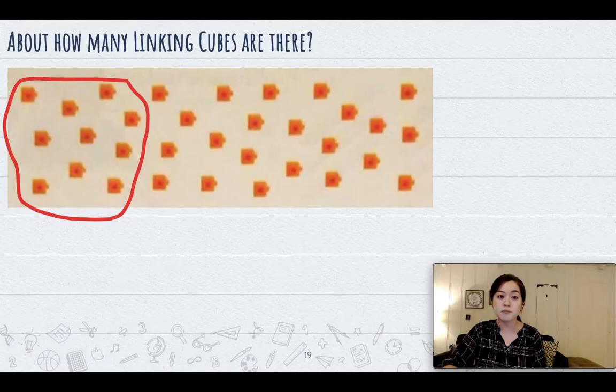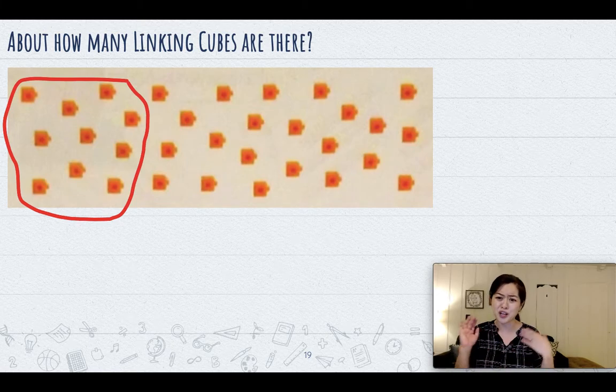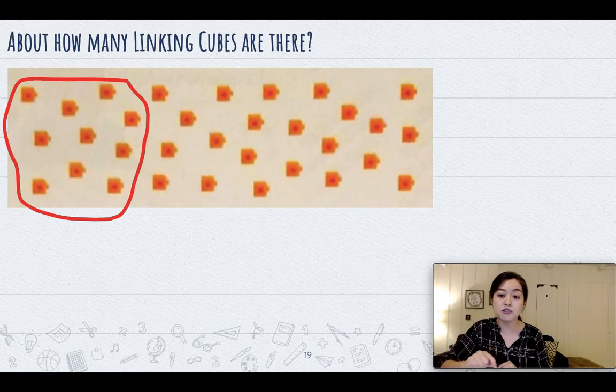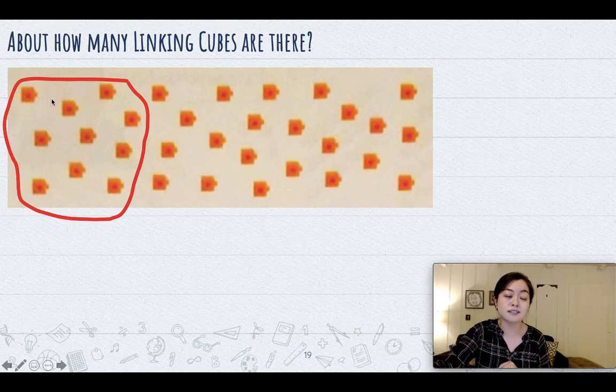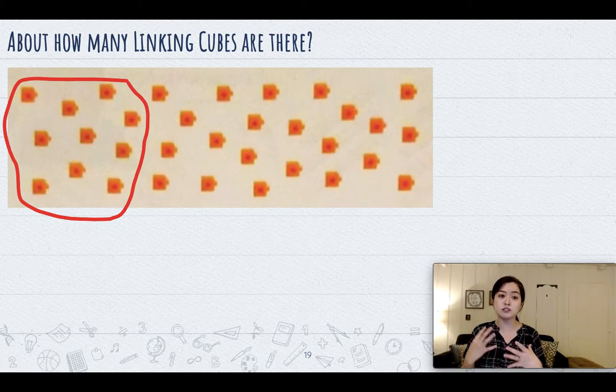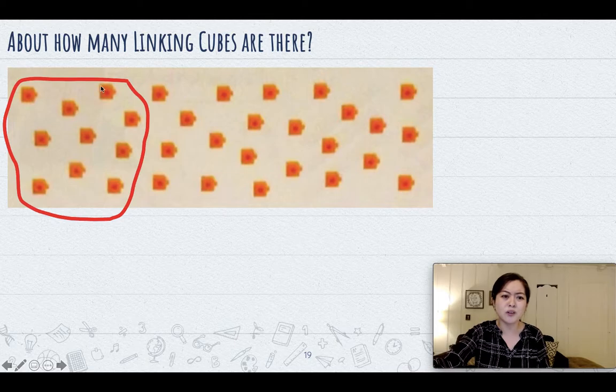So I would recommend first finding a group of 10, because you guys are great at counting by tens. So that group that I circled here has 10 linking cubes. 1, 2, 3, 4, 5, 6, 7, 8, 9, and 10. And what you're going to do now is say, I know this big of a circle has 10.